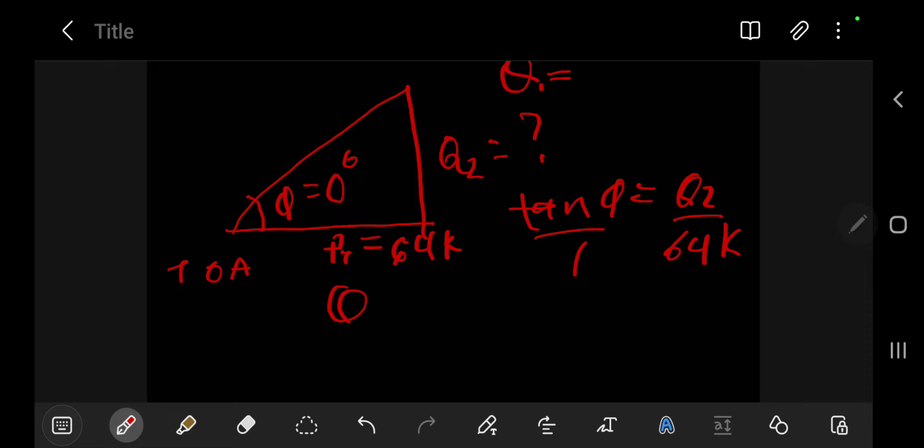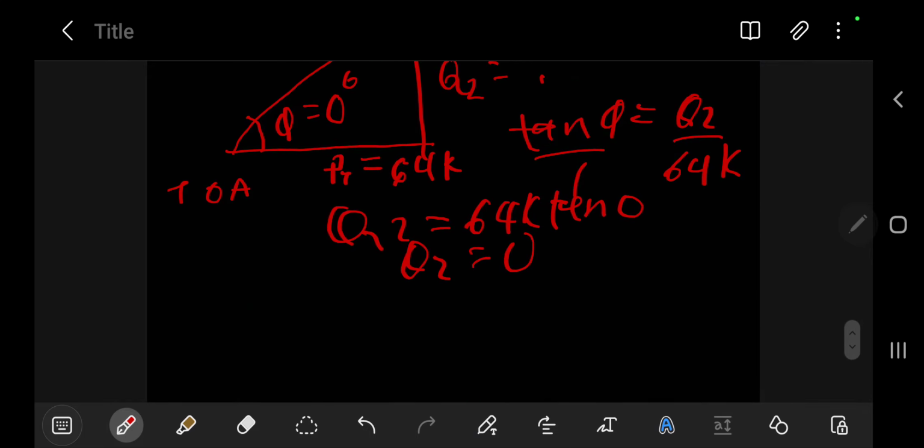So Q2 is just going to be equal to 64K multiplied by tangent of 0. You just get 0. So even if we say QC is Q1 minus Q2, we just get Q1. It means QC is equal to Q1.